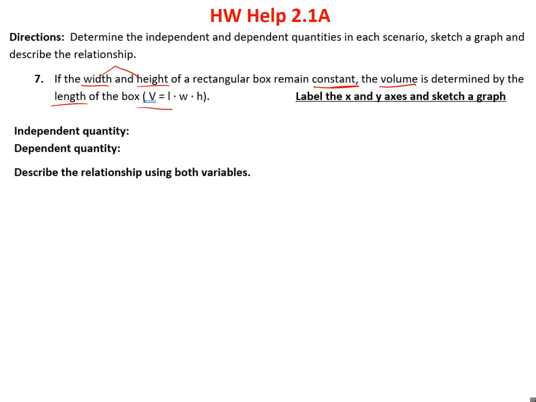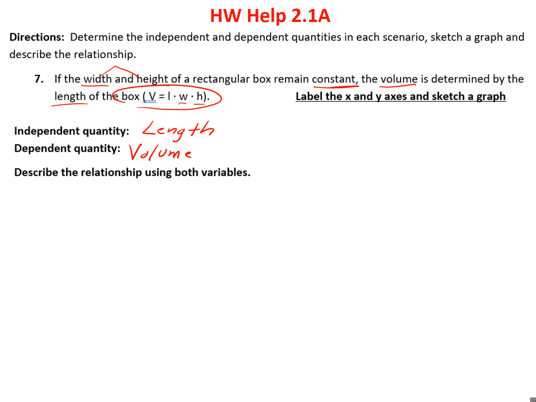Well, when they give us a formula like this, they're telling us that the volume is our dependent, because it depends on the length, width, and height. Since the width and the height are constant, in this case, the only thing it depends upon is the length. So as you change the length of the box, the volume is going to increase.